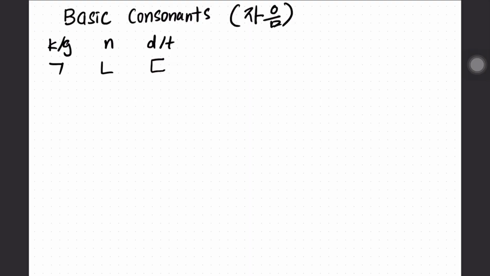And the next one, our rieul, which is our R or L. It is written in this way. Please pay attention here. 1, 2, 3, 4, 5. Again, 1, 2, 3, 4. Basically it's 4, but it depends on you.